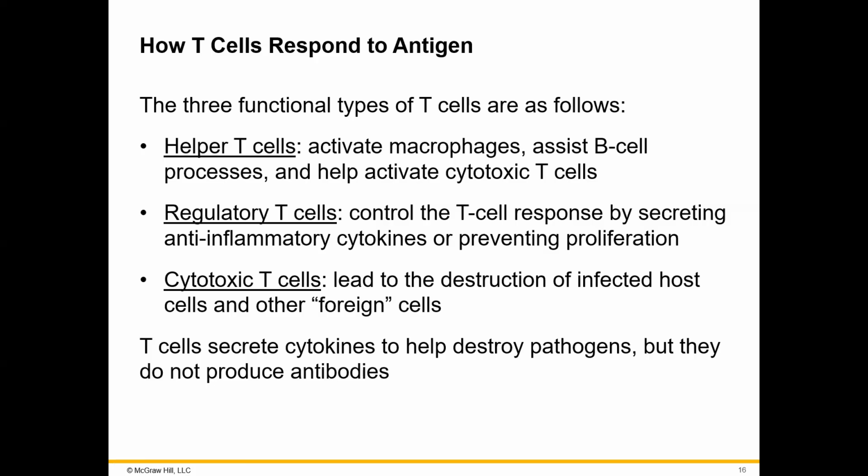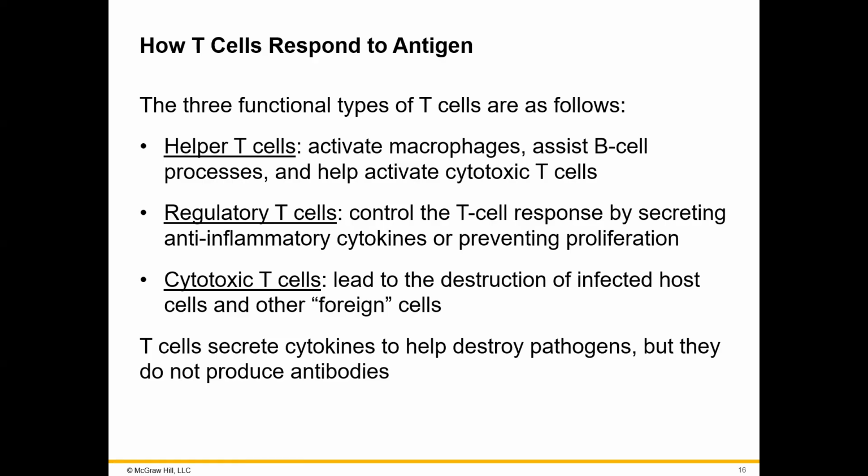Now, how T cells respond to an antigen. You have three kinds of T cells. There's a huge variation in their types and their responses, and so we look at them individually. When they are sensitized by an antigen, they give rise to a variety of cell types with completely different roles. The first one is the helper cells. We mentioned this earlier. They're helping the B cells.